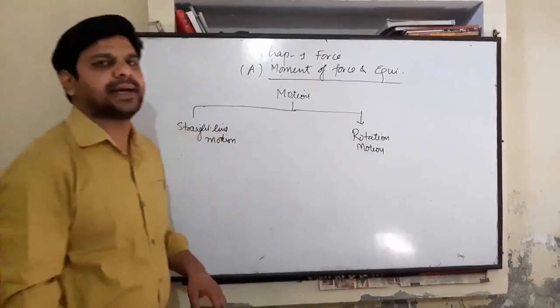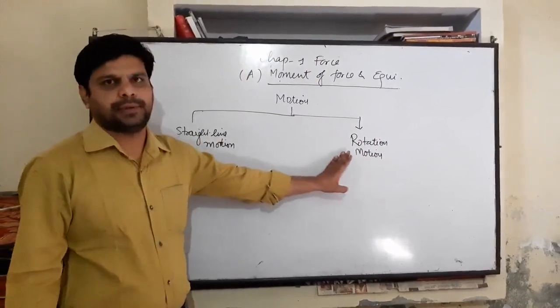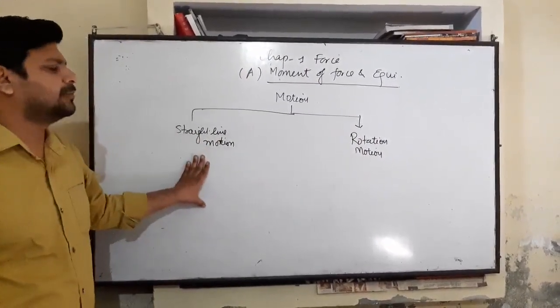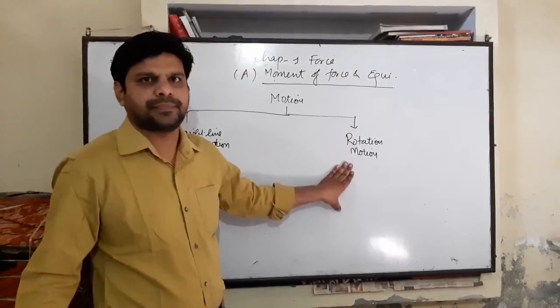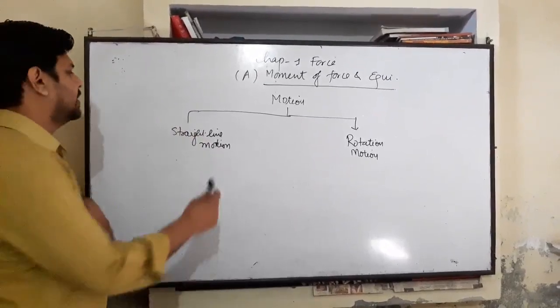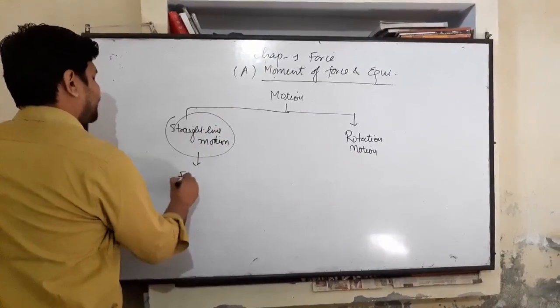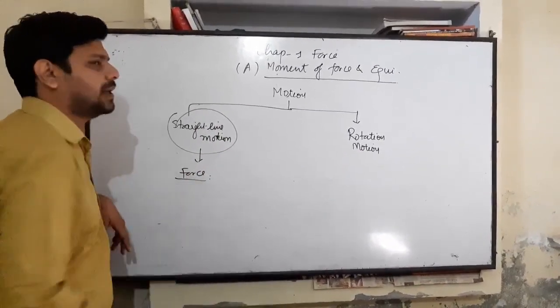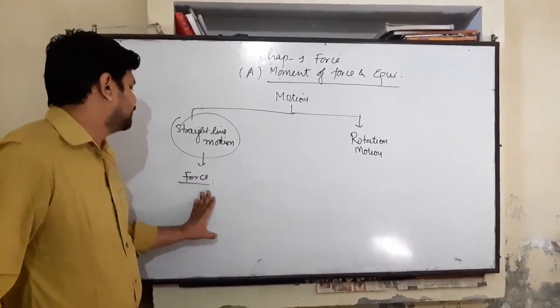Okay, we can categorize motion into two broad categories. First is straight line motion and second is rotation motion. The cause of straight line motion, what is it? It is force. Okay, all of you have known force.